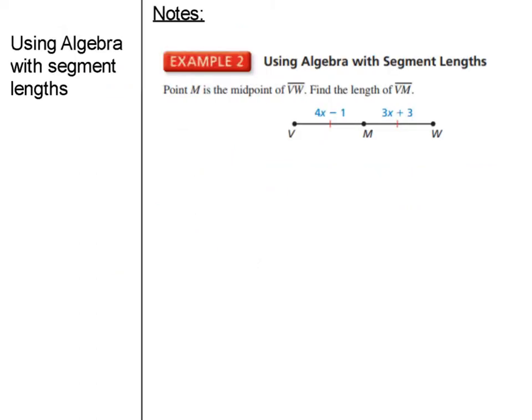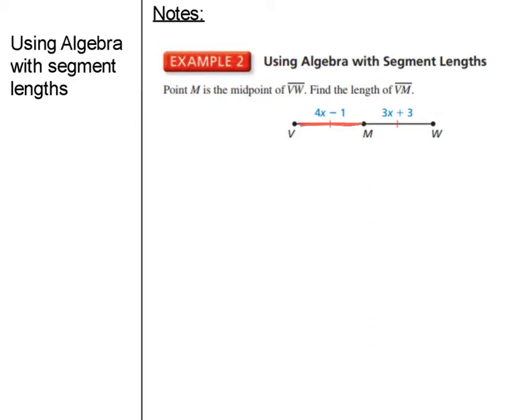It says, using algebra with segment lengths, point M is the midpoint of VW, find the length of VM. So I want to find the length of VM, which is that length right there. Well, the hash marks tell me what? The little lines. They're equal, right?